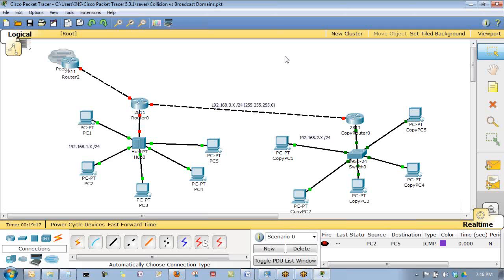So I would go to my ISP, and I would tell my ISP that I need X number of IP addresses. Now, the number of IP addresses that I need would be based on what, guys? What determines the number of IP addresses that I need? Your subnet mask? No, not quite.